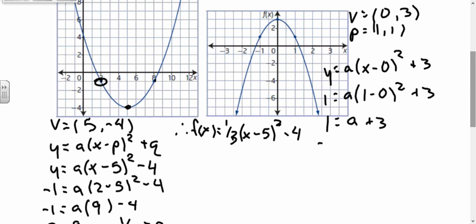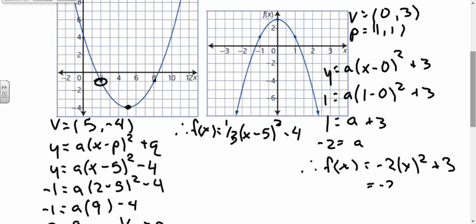So then we get -2 is equal to a. Therefore, the function is equal to -2x squared plus 3 because we don't write unnecessary zeros, and further, we don't write unnecessary brackets either. And that should be the final answer.